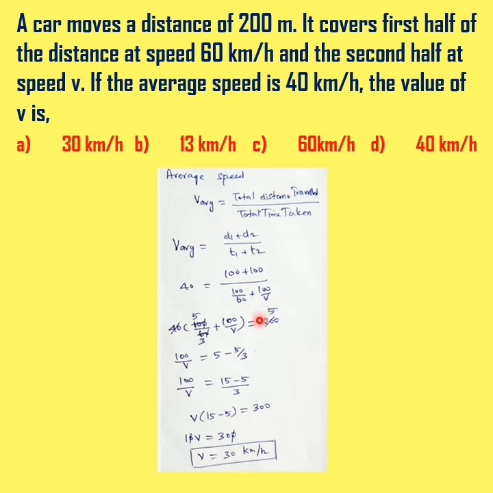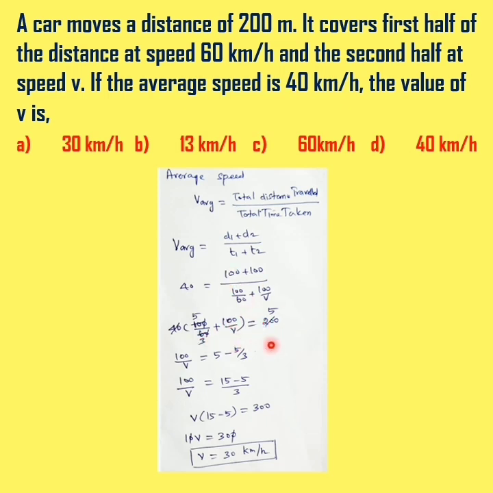Now we have to simplify to get the actual velocity of the car in the second half of the distance. So I'll rearrange this equation: 40 into 100 divided by 60 plus 100 divided by v, equal to 200.